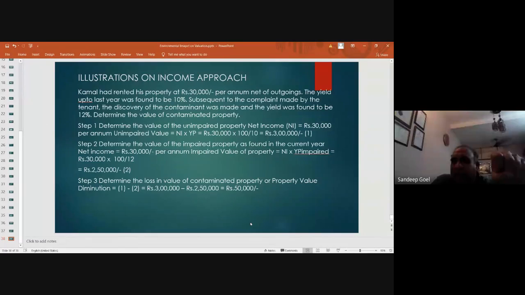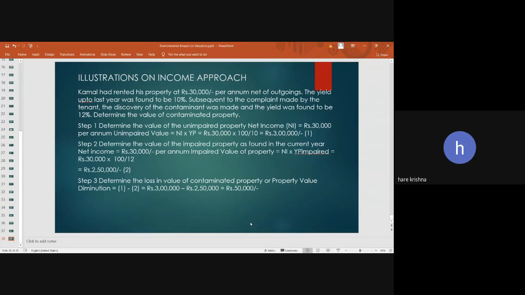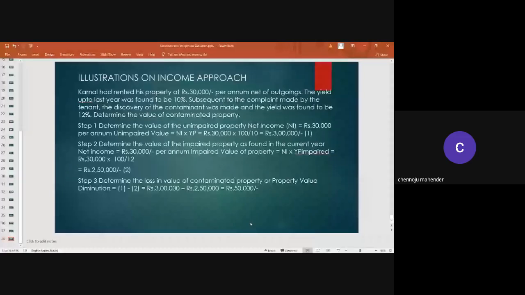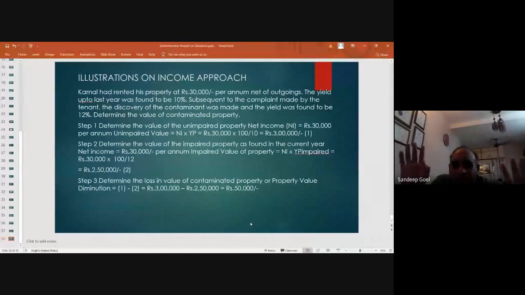The question says Kamal had rented his property at rupees 30,000 per annum net of outgoing, meaning after deducting all the outgoings, this is the net income he is having per annum. Clear? The only catch in this question was this word. Now, first calculate the value on 10% yield, then calculate on 12%, and deduct both values. The deduction will determine the value of the contaminated property.